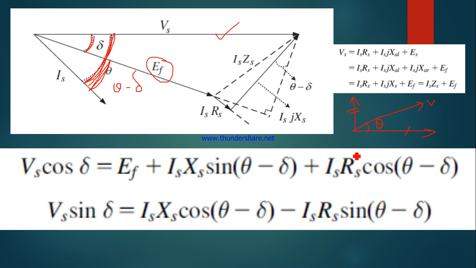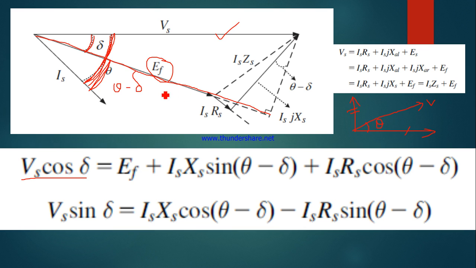It's very simple trigonometry. So now I will try to find out V cos delta. V cos delta means this entire cos component, the horizontal total.